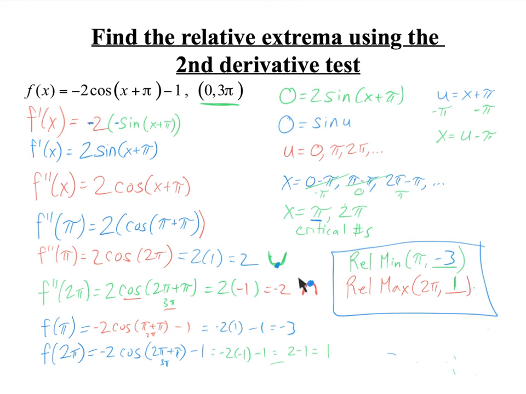We did the second derivative test to tell concavity at the critical numbers, and we now know. Now, could I go back and make a table, do the first derivative test, check both sides of pi and 2 pi, and use the first derivative to tell if it was a relative max or min? Totally. But we use the second derivative test.